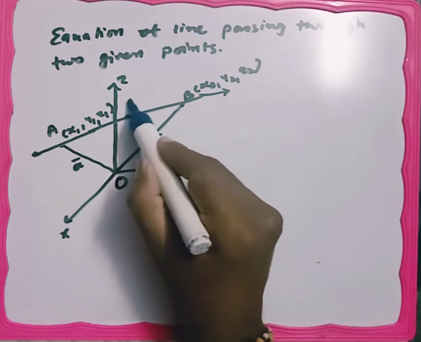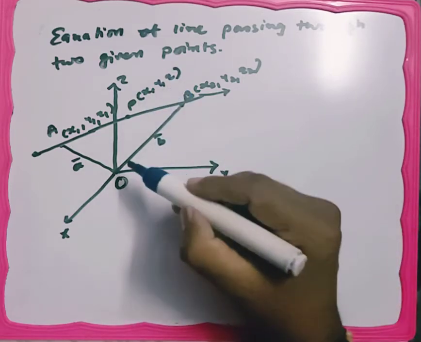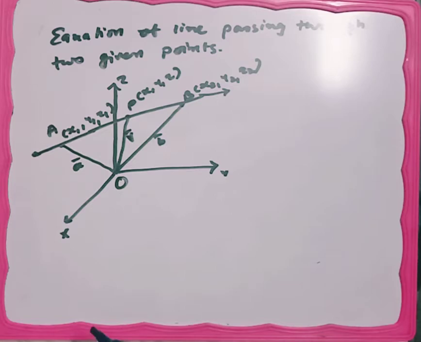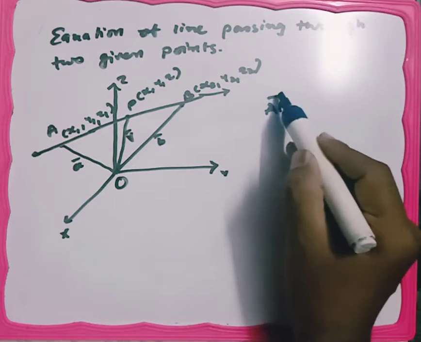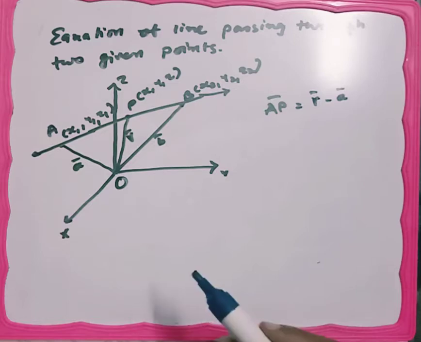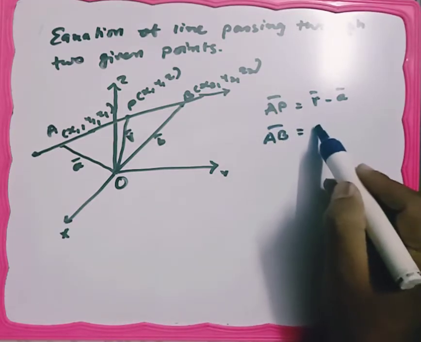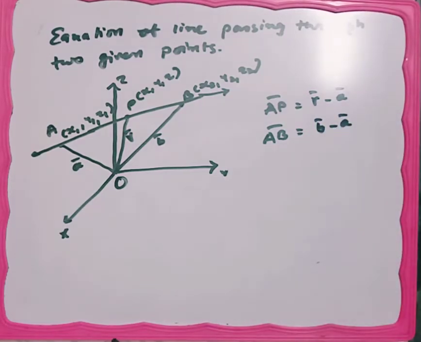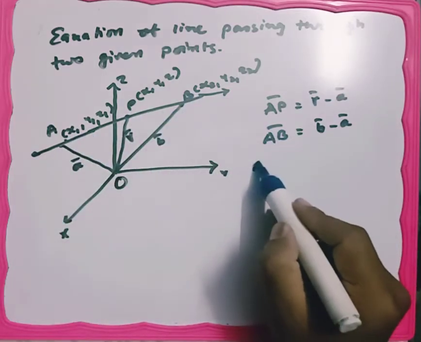Let P be any point, P x, y, z is any arbitrary point, and its position vector is r bar. Then AP vector we get by triangle law, r bar minus a bar, and AB vector we get by triangle law, b bar minus a bar. Now we can see that A, P, B are collinear.